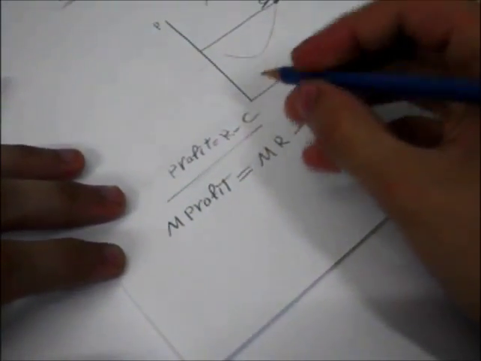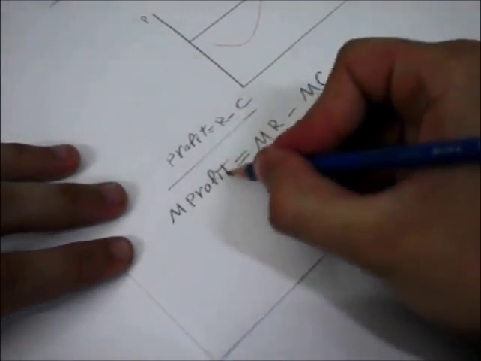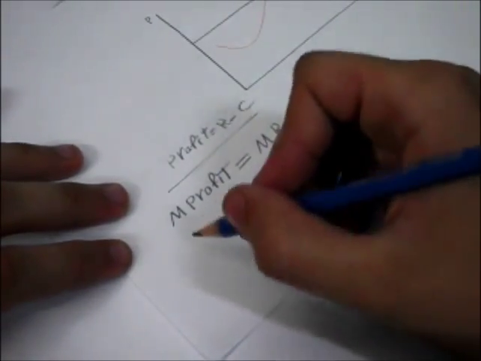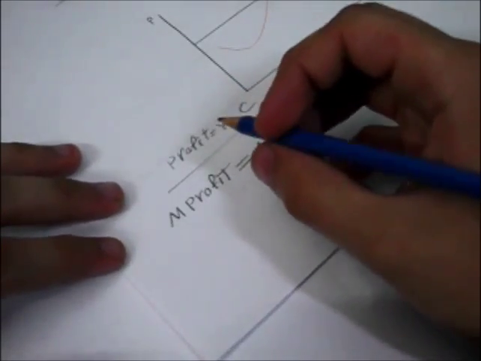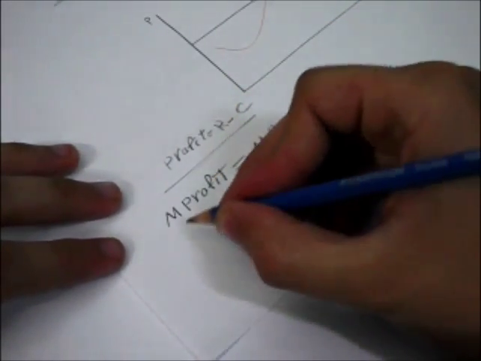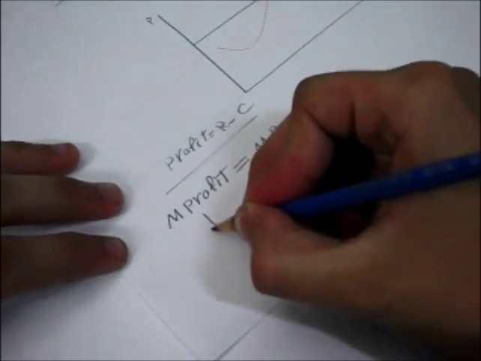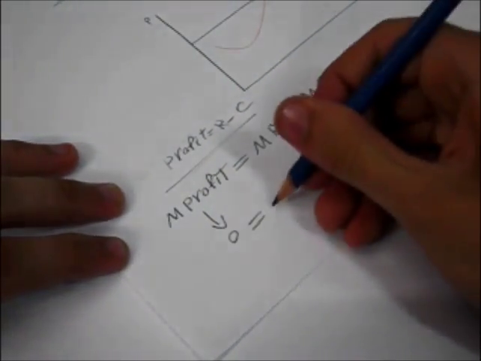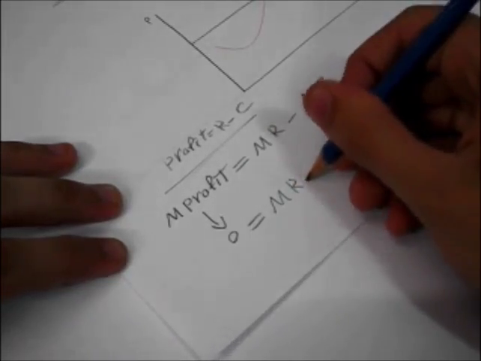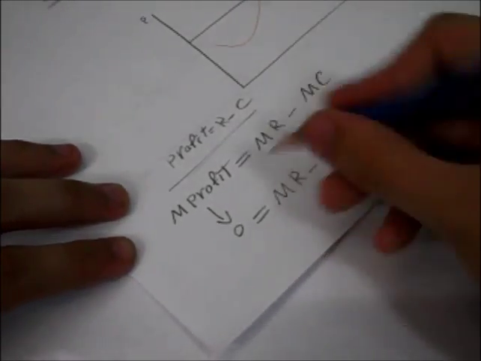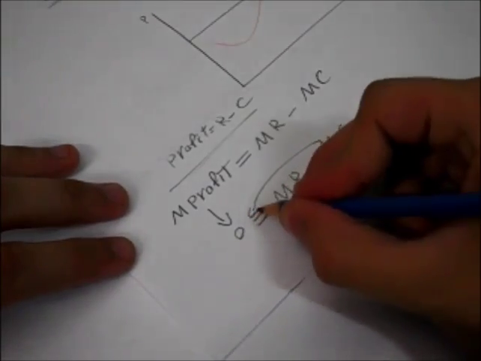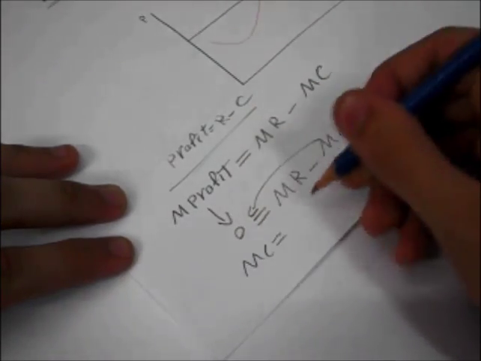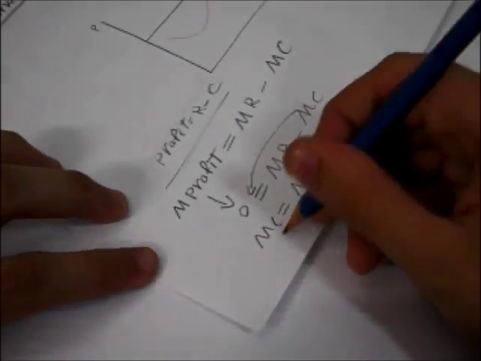From this, we want to get the marginal profit at its maximum, and when it's maximum, the marginal profit equals 0. So we put the marginal profit equals 0, so marginal revenues minus marginal cost equals 0. We just move it the other way around: the marginal cost equals the marginal revenues.